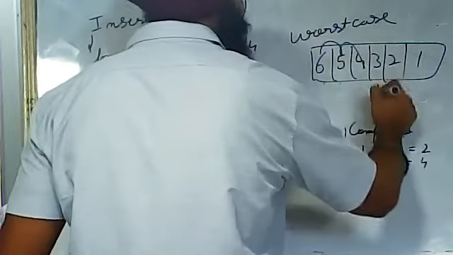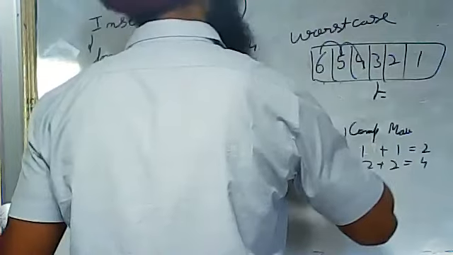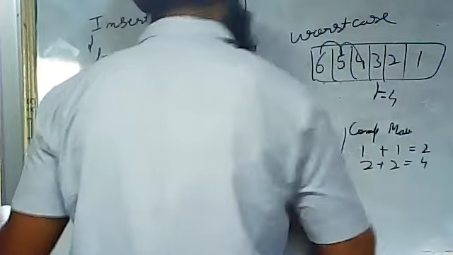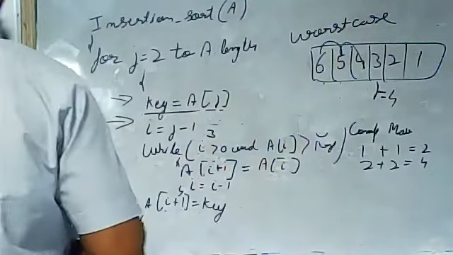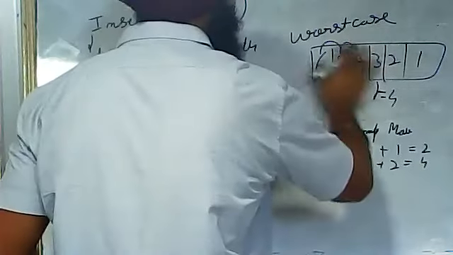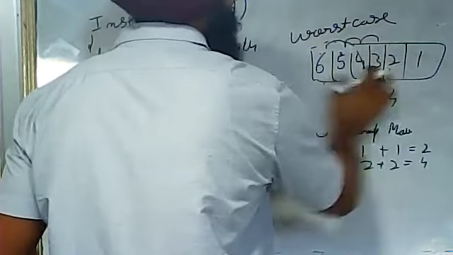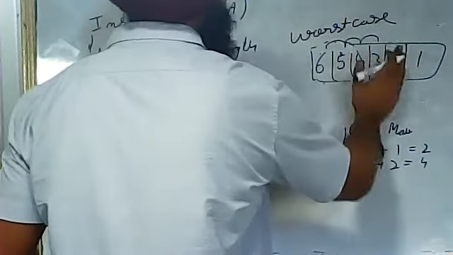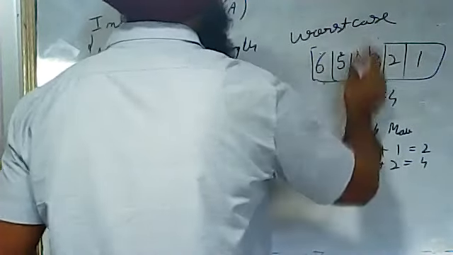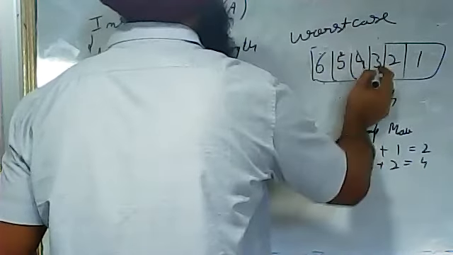That will be 4. And for j equals 4, there will be 3 comparisons. We'll compare it with all the elements because this element is smaller than all the elements. This doesn't mean that we'll find the element in between.